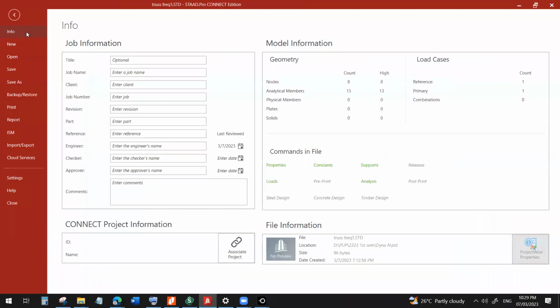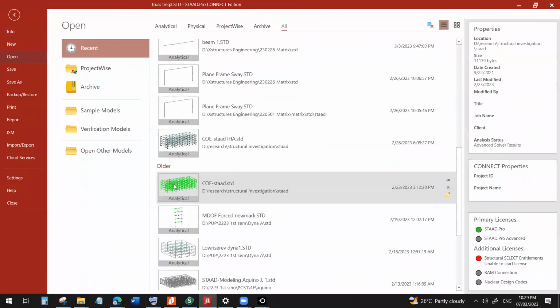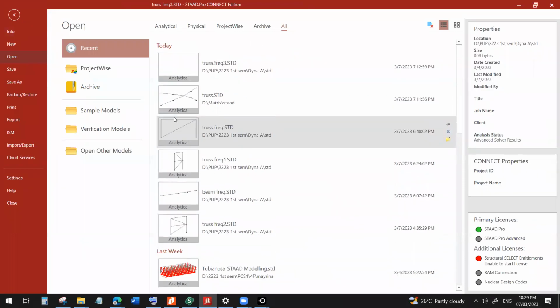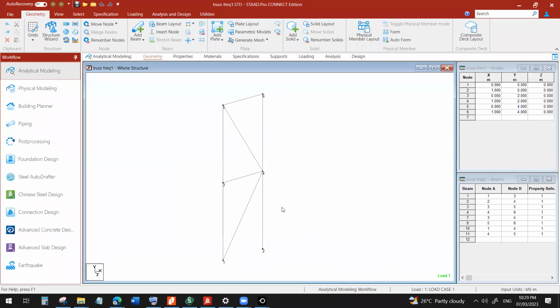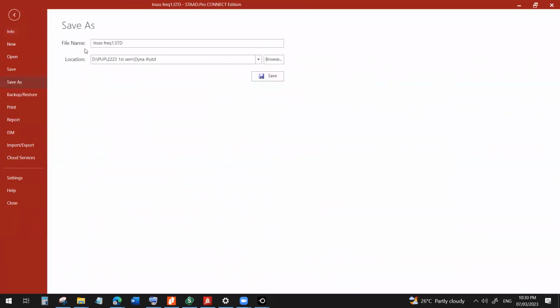Babaguhin ko lang yun. Yung geometry. So, this is an old truss structure. So, lagay ko siyang 2 meters, yung X. Save natin. Oh, existing number. So, 5.